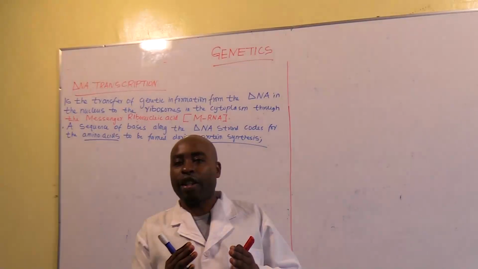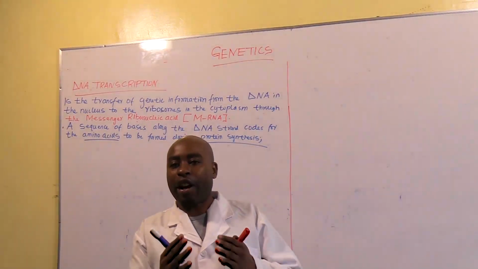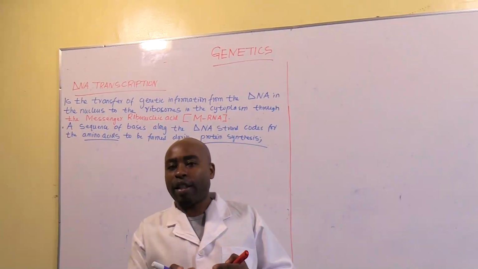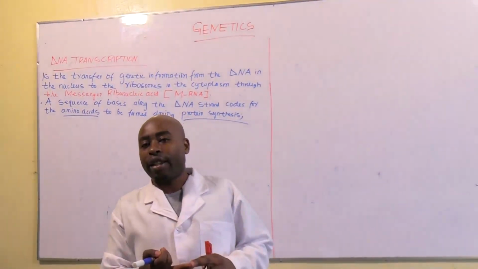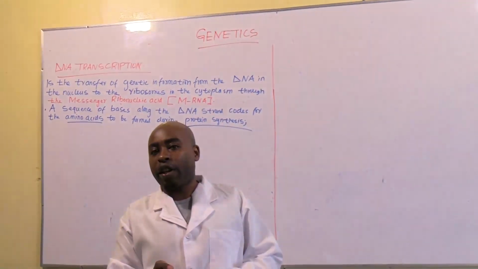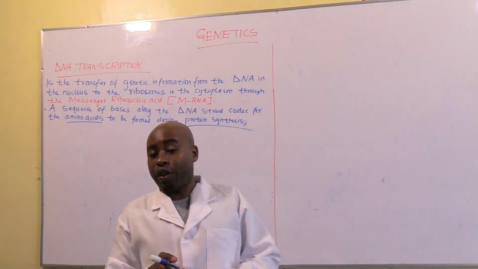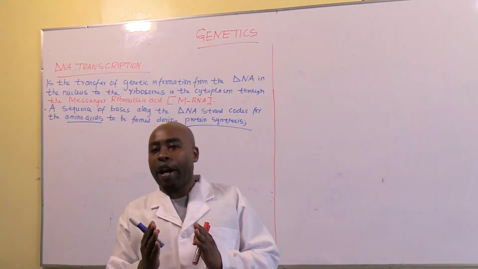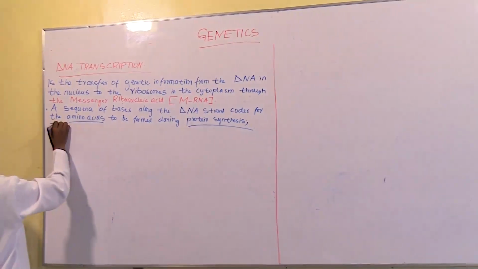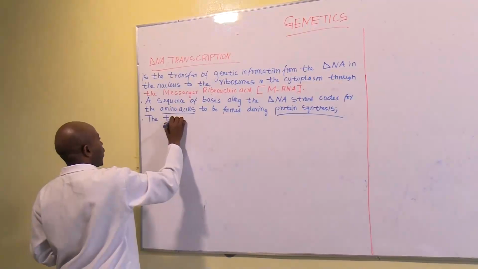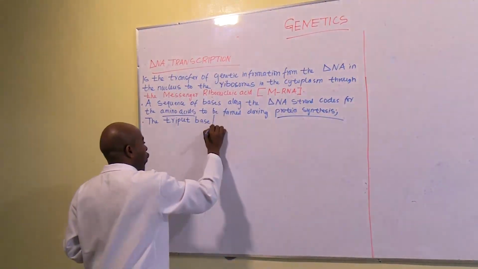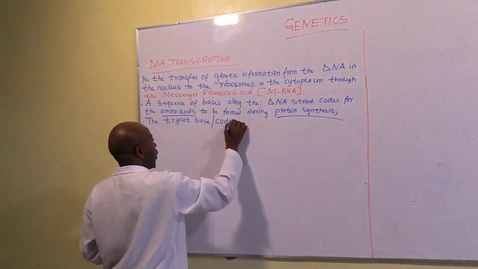So within the DNA strand, there is a way in which the bases are arranged. That is, they normally form the nucleotide bases. These bases include adenine, guanine, cytosine, and we also have uracil in the case of the RNA. So there are normally four types of nitrogenous bases. They normally appear in triplet bases, which you normally call the codons.